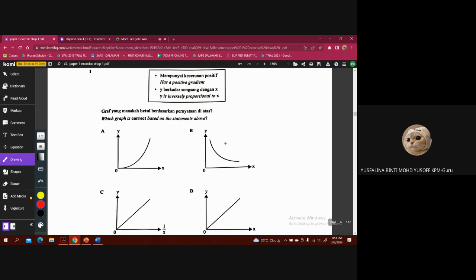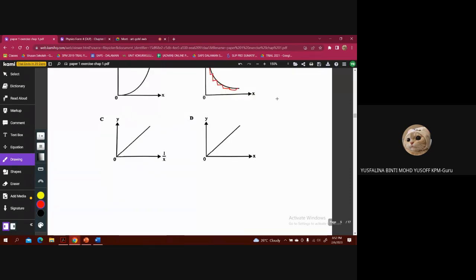And this one, y is inversely proportional to x, but it says here it has a positive gradient. If I draw the triangle here, you can see the size of the triangle is decreasing, right? So it doesn't have a positive gradient, it has a negative gradient. So B is also wrong.